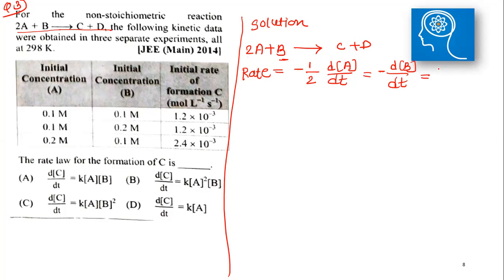So it is positive d by dt of concentration of C, which is equal to d by dt of concentration of D. Okay.